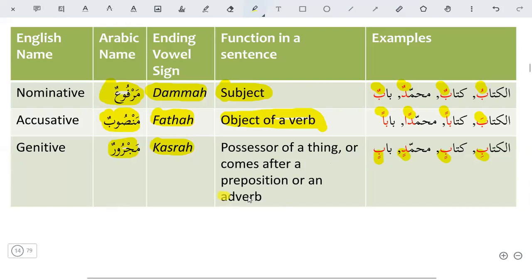When it comes after an adverb, it is also mudaf ilayh. An adverb acts like a mudaf. You will learn later. Al-kitabi, kitabin, Muhammadin, babin.